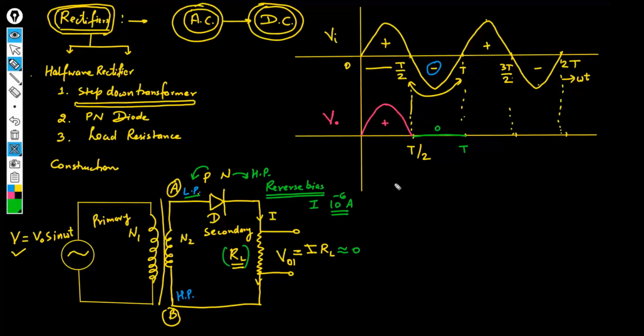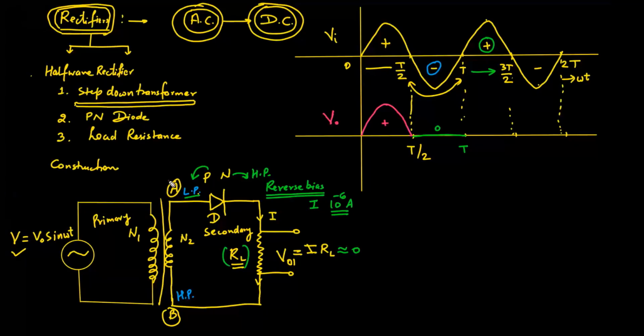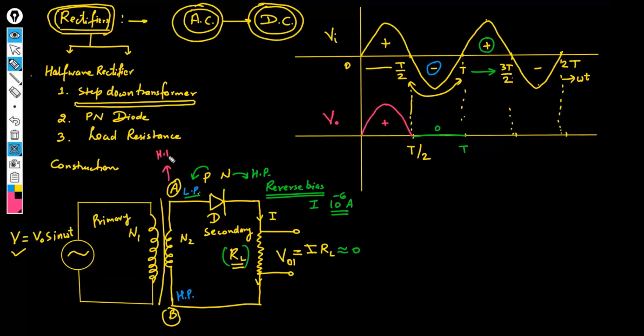Yes, sir. Okay. Now again we talk about the time interval T to 3T by 2. Again the voltage is positive. So this time, what will happen? A is at higher potential and B will be at lower potential.